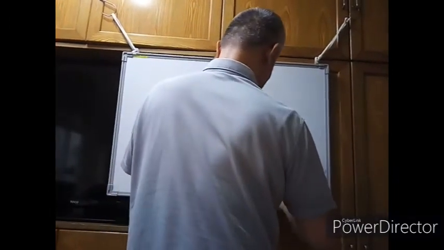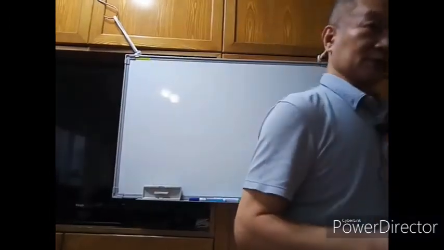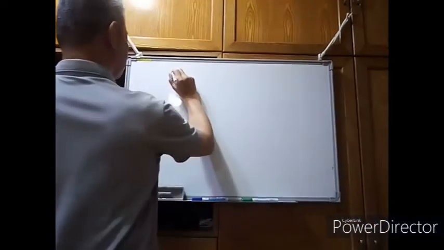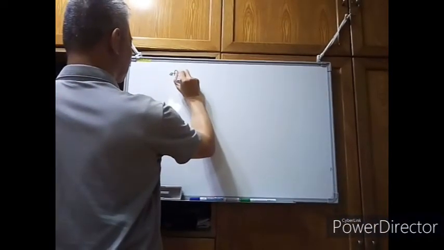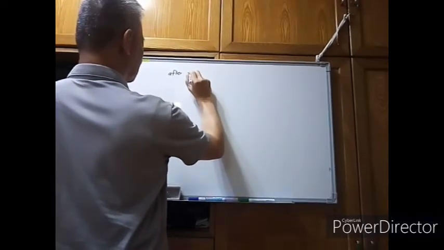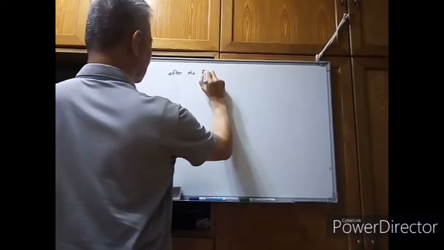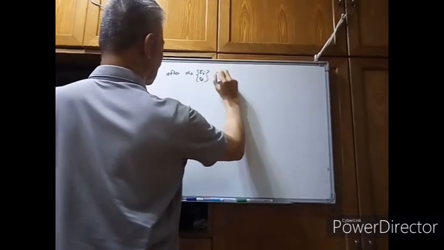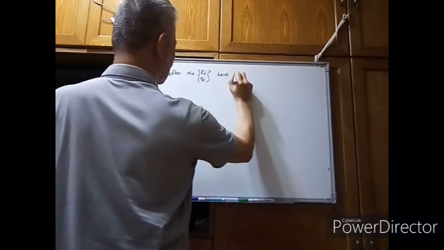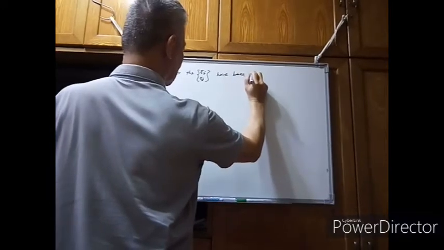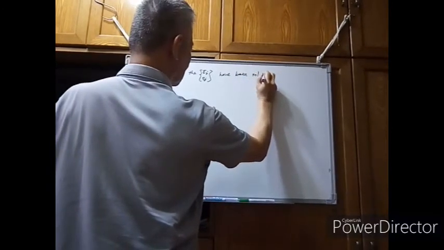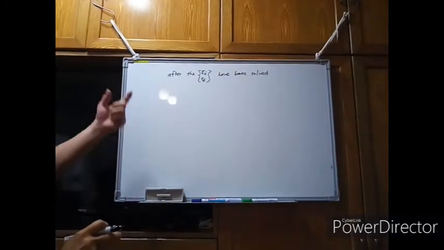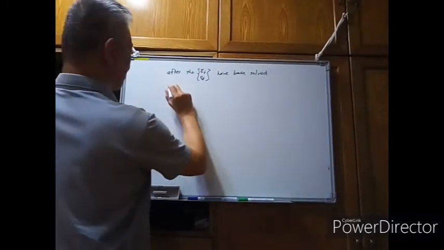Okay, after we solve the Cj and the eta j, then we can calculate the uj and the vj.